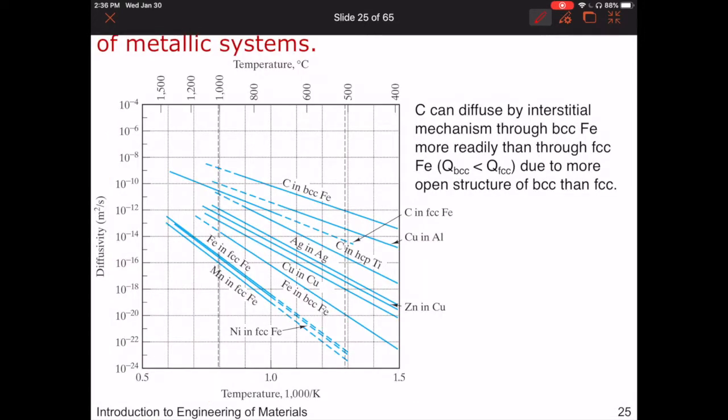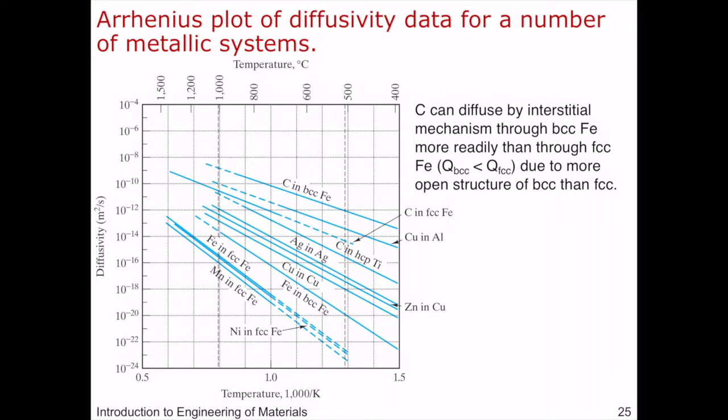And when we look at the diffusion coefficient or diffusivity for a variety of species in different types of crystal structures, we can take a look at the diffusivity for carbon in BCC iron as opposed to carbon in FCC iron.